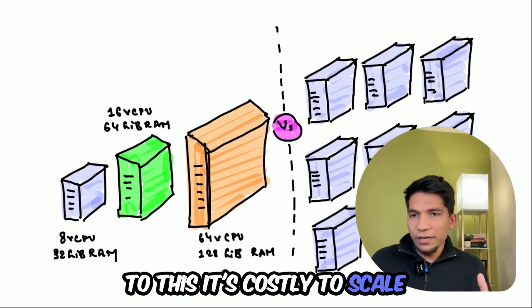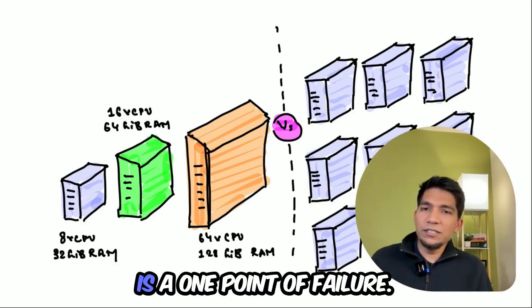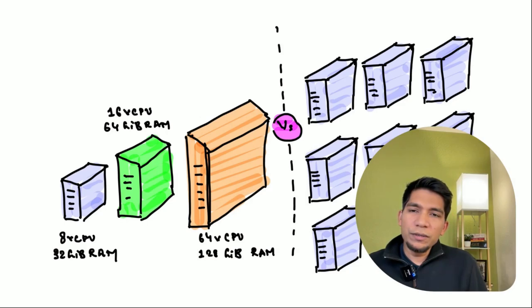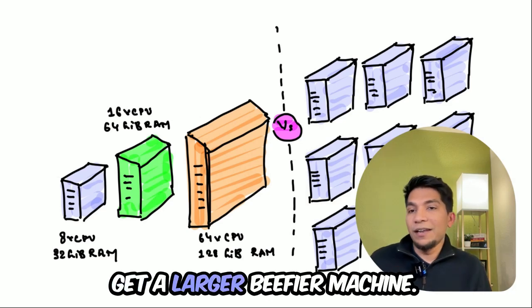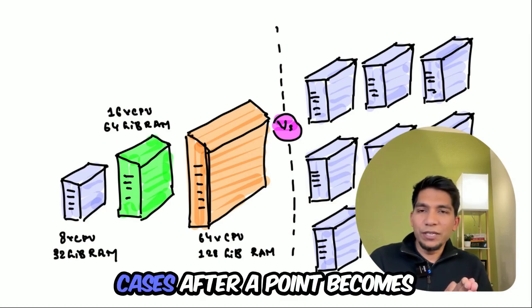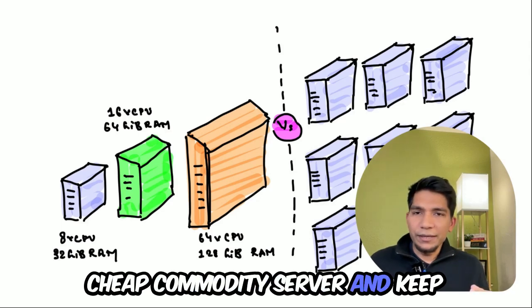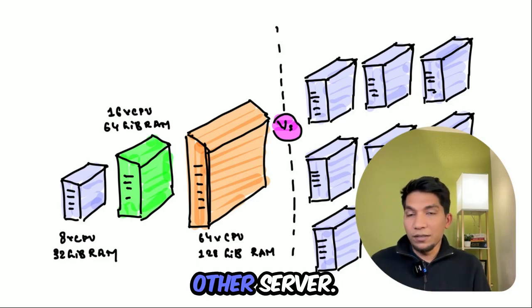It's costly to buy these beefier equipments. And second, there is still a single point of failure. What if this goes down? Also, after a point, you will not get a larger, beefier machine. So the general scaling way in most cases after a point becomes horizontal scaling, where you get cheap commodity servers and keep adding more, where even if a few servers go down, you will hit other servers.